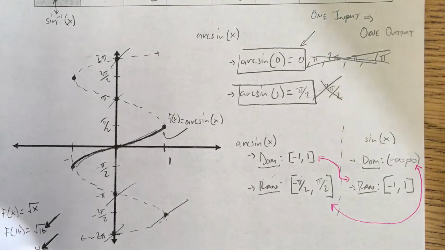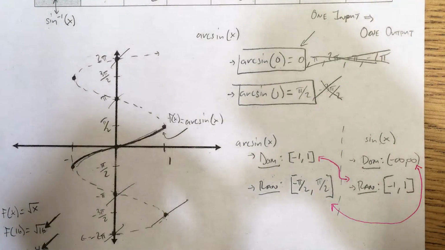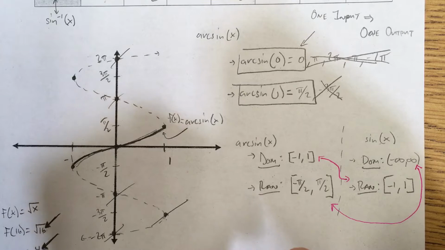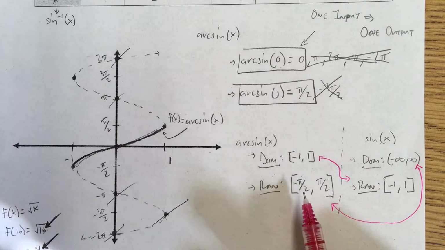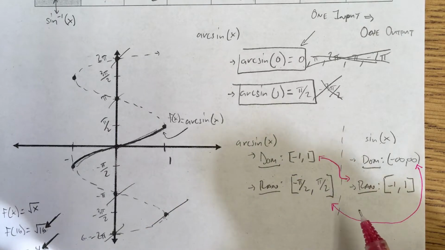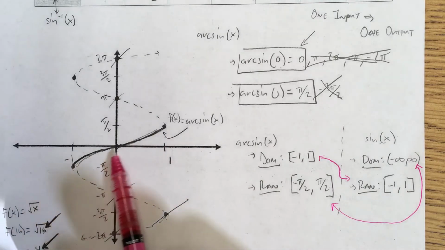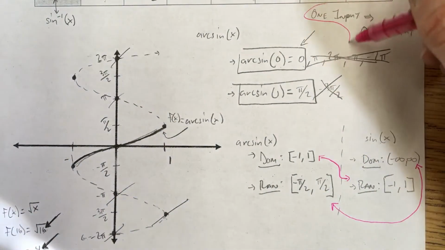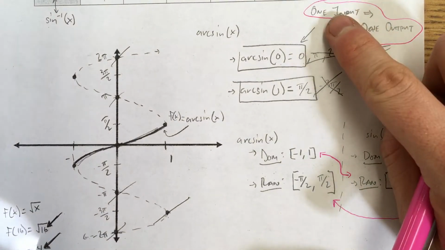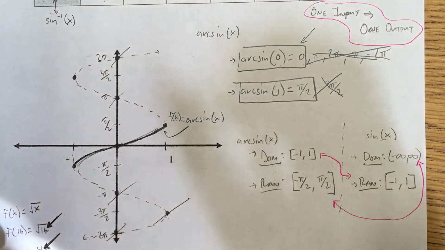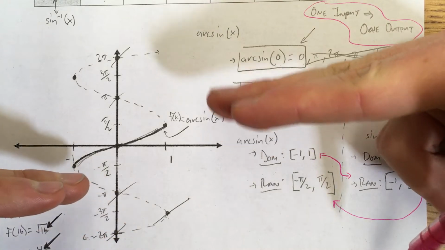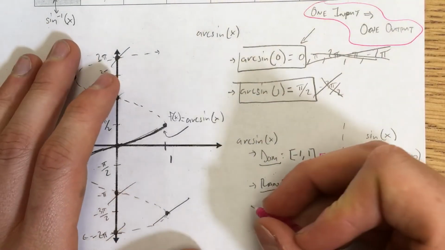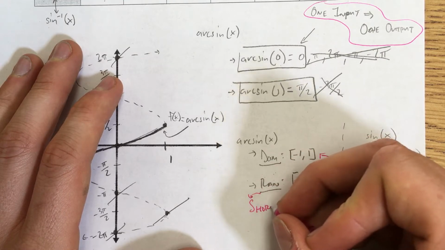And we need to talk about why, because that's a huge piece of the content from this lesson. If we took the dotted line, all of this, then the range for arcsine would be -infinity to infinity. However, we only take this piece so that we have one output for every input. And the way I described it in class is instead of going from -infinity to infinity, we shortened it. We shortened it only to this section here, so this range is shortened.